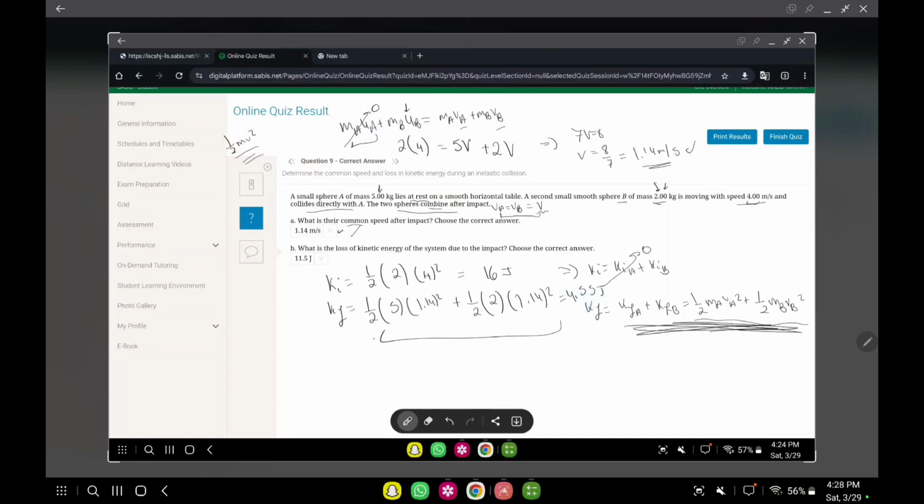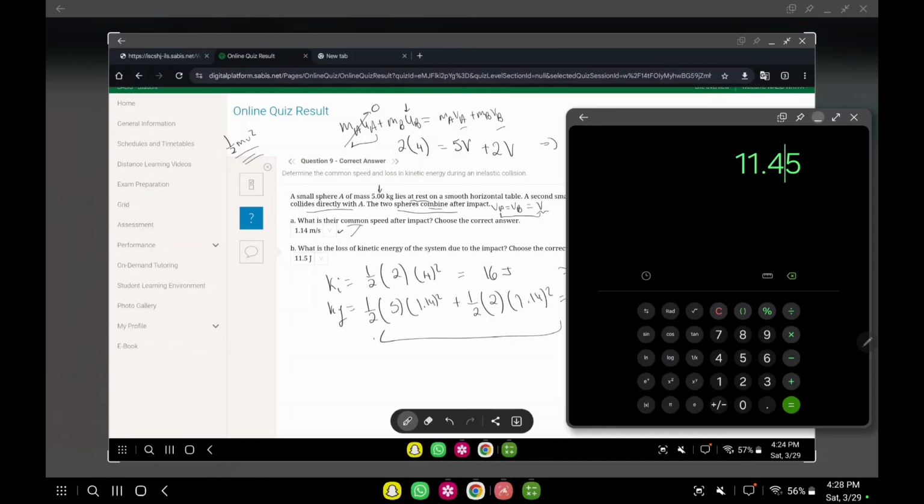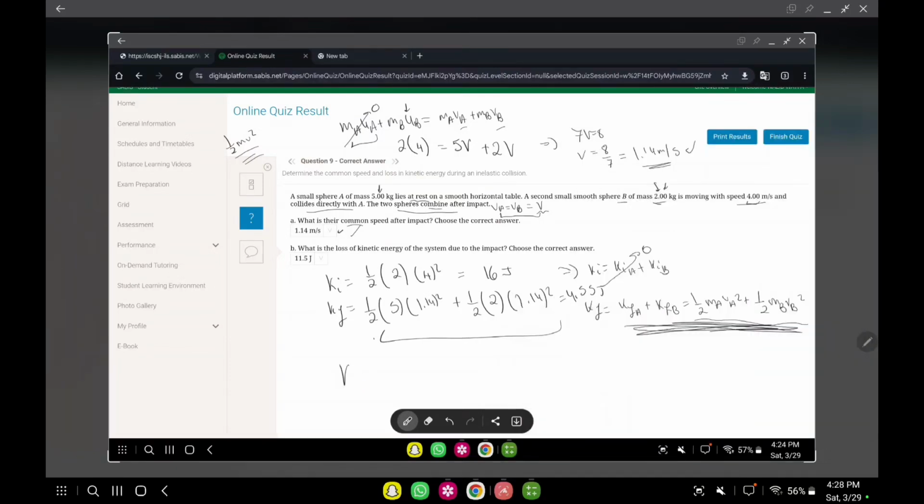Subtract them now. How much did we lose? 16 minus 4.55, you get 11.45. To one decimal place, it's going to be 11.5. Very easy. So K initial minus K final is equal to 11.5. When you're calculating the loss, you do initial minus final, because if you want to see how much you lost, you compare how much you had initially to how much you had at the end.